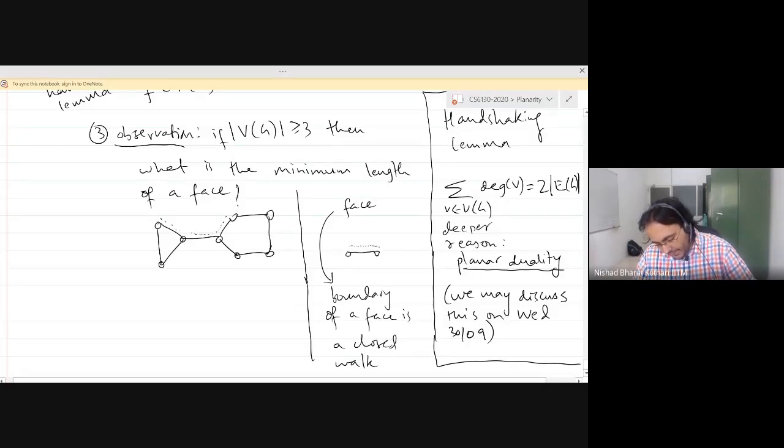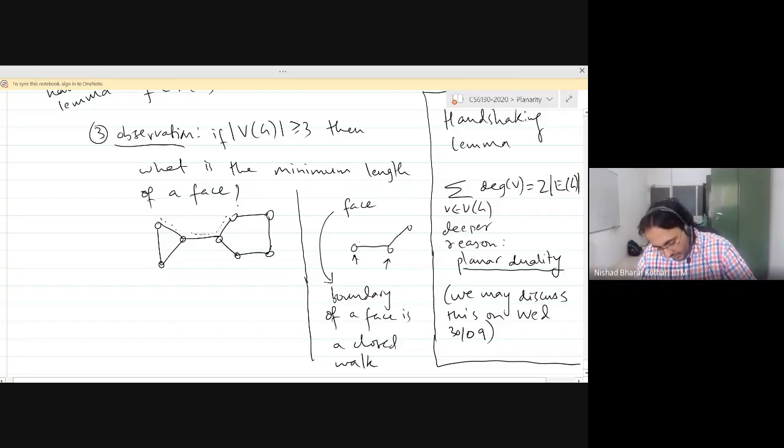If the length is exactly 2, then the only possible way is for you to come back to this vertex by a single edge, and that is only possible if your graph is K2. If your graph is not K2, then this is one edge in the face. Then there will be at least another edge either at this vertex or at this vertex because the graph is not K2.